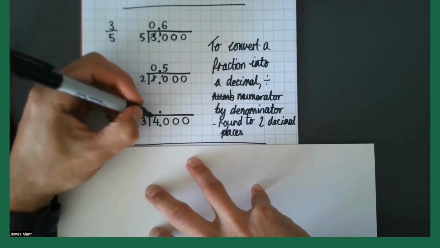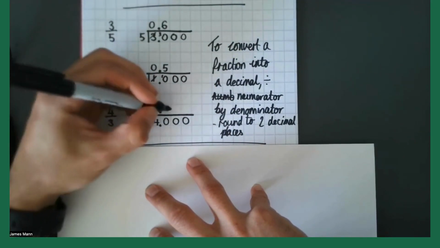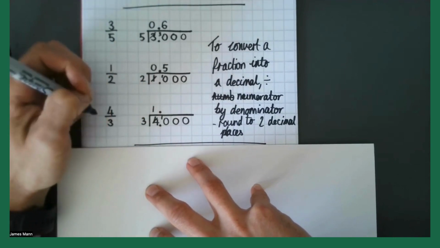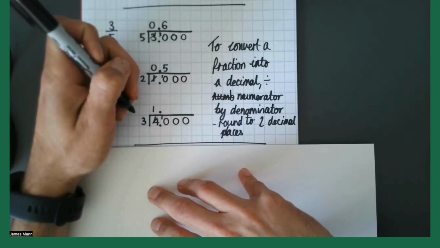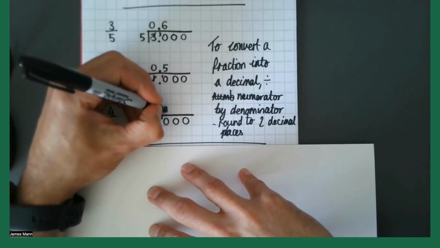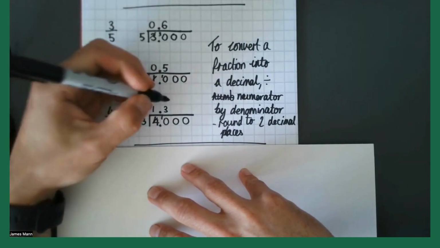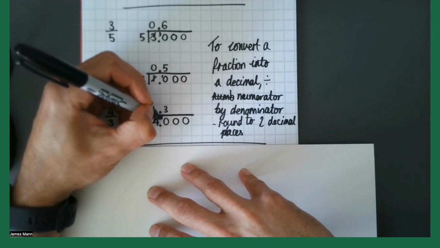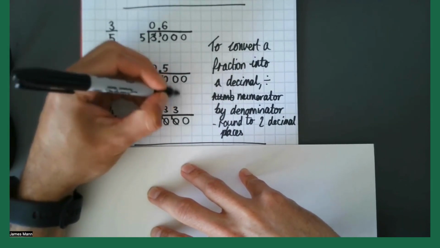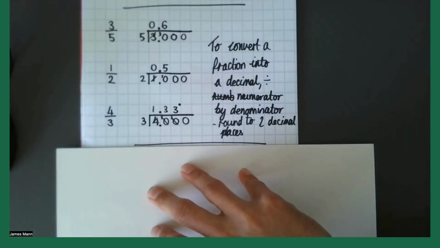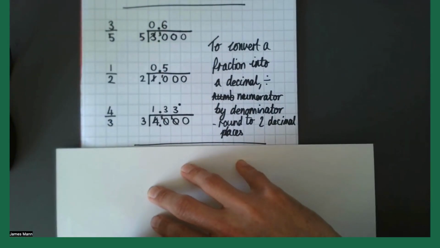So 3 can go into 4 once, and that leaves me with 1 left over. Now 3 can go into 10 three times, and 1 is left over. And this would continue. Lots of us would know it as 0.33 recurring, so I'm going to leave it as 1.33.